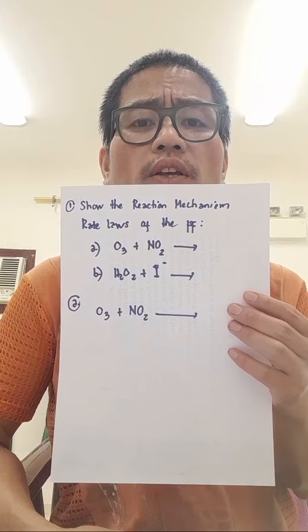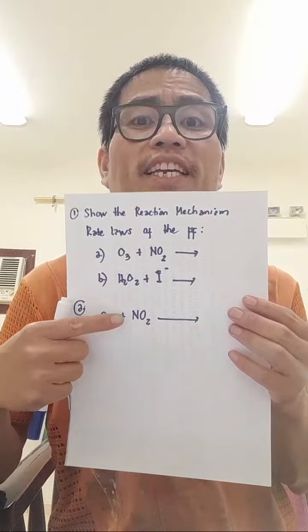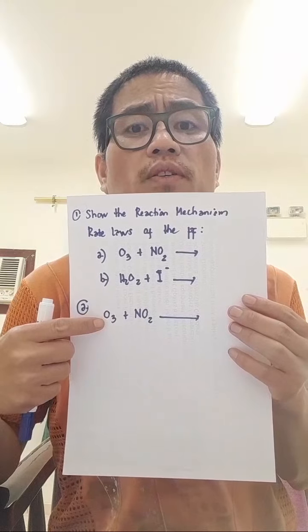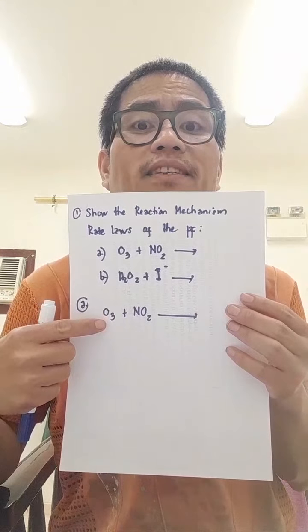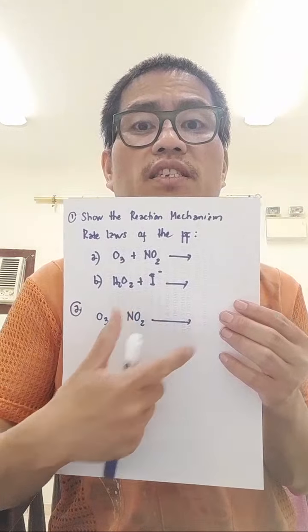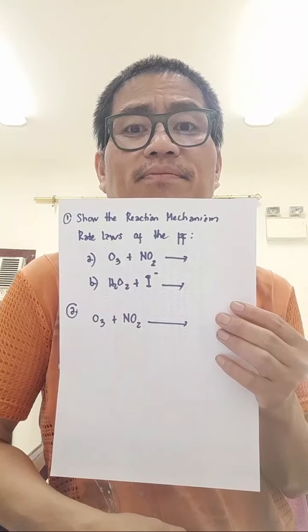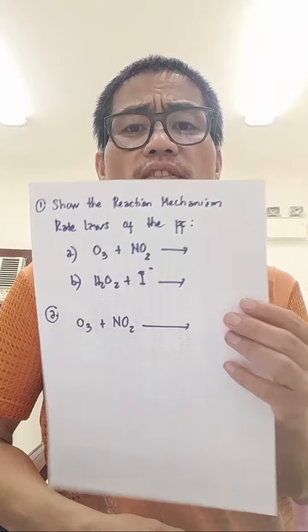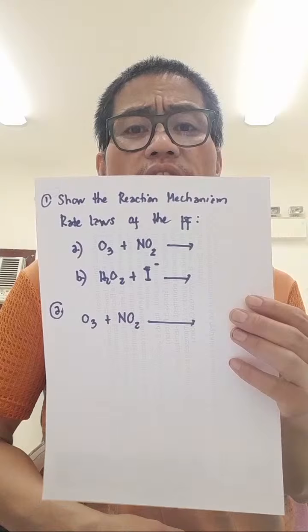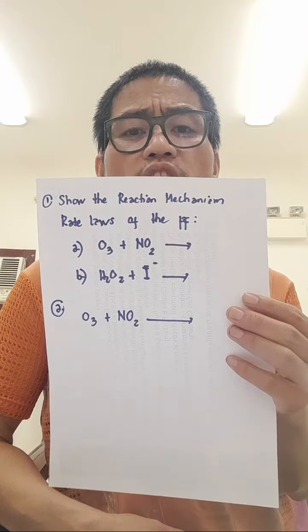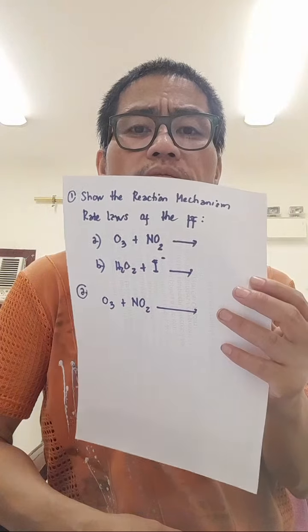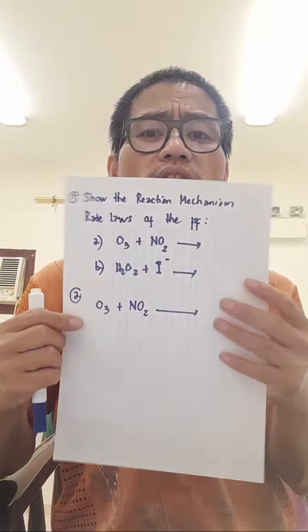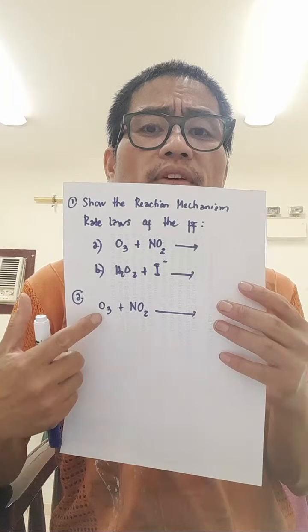Since we have O3, you should expect oxygen gas, right? Oxygen gas, and then you have nitrate, because there's a remaining oxygen left.